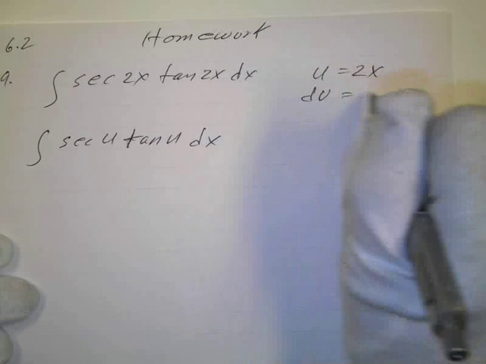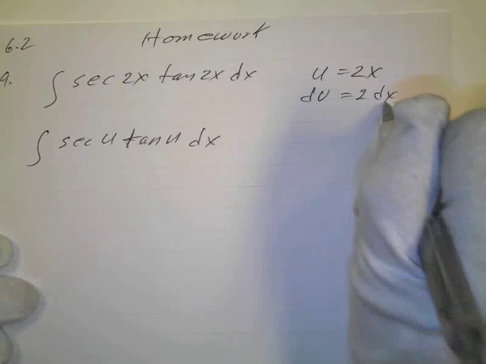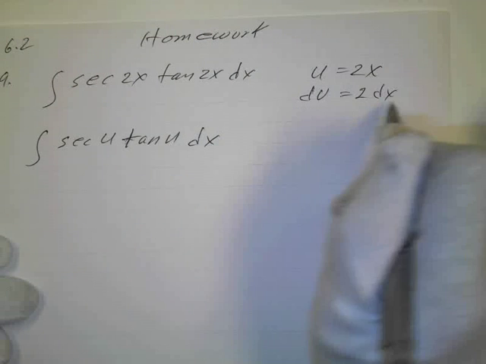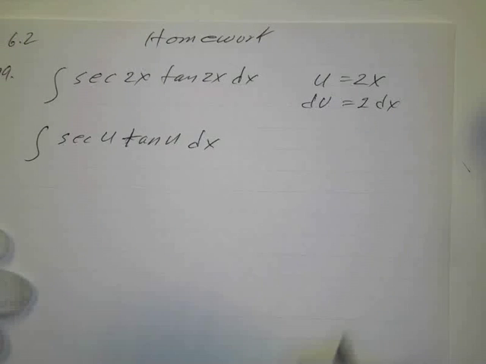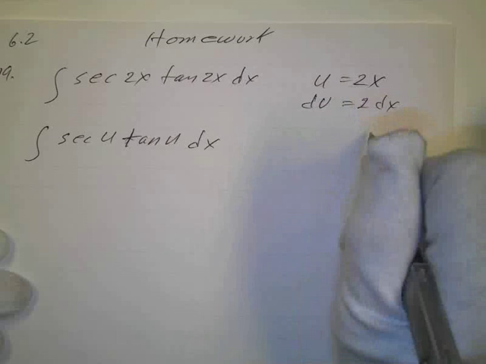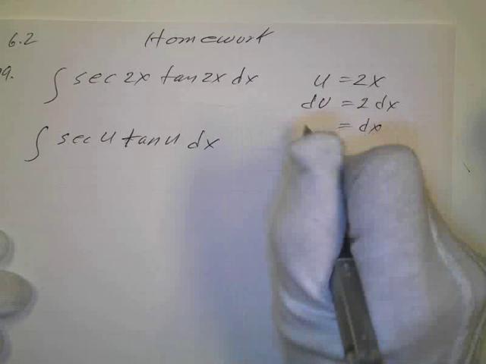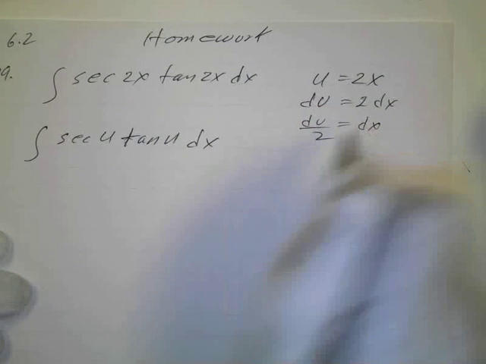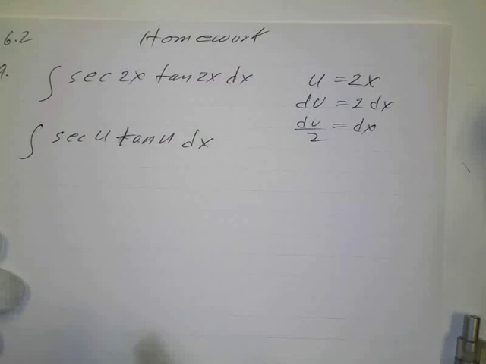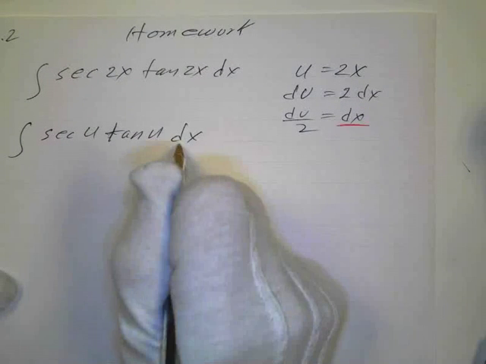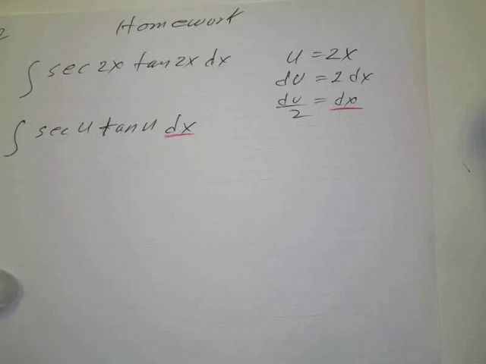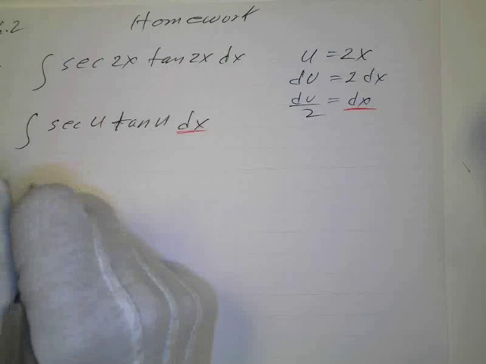So I'll take the derivative up here. The du equals 2 dx. Remember, it's understood to be a du over dx, but they're the same on both sides, so we just write the tops. Then divide both sides by 2, so dx equals du over 2. So now I can substitute. Instead of writing dx, I'll write du over 2.